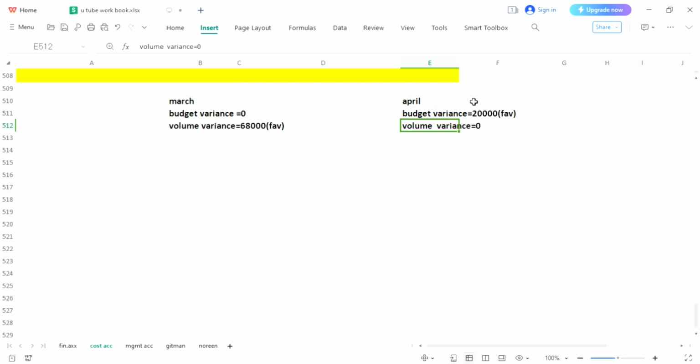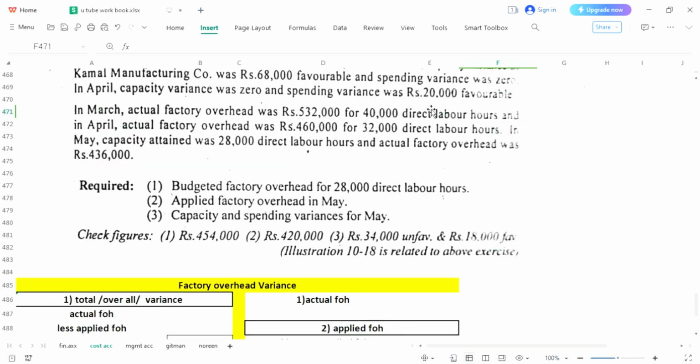Okay, the initial information related to March and April has been put out. So budget variance is favorable in April, which is 20,000. Let's see if there is any other information for March. In March, actual FH is 5,32,000.